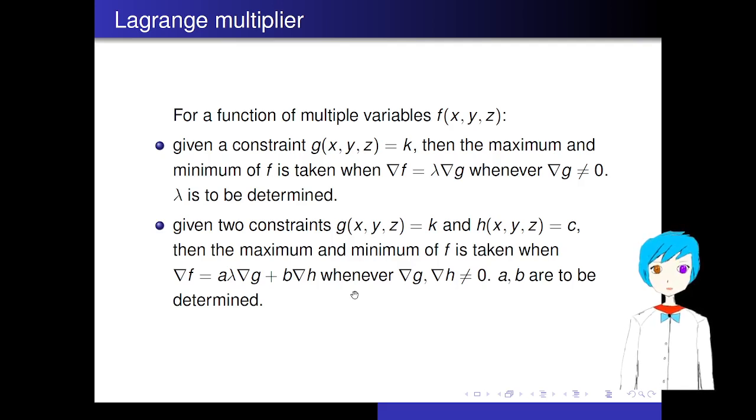Here we suppose that the gradient of g and the gradient of h are non-degenerate, which means that they are not 0 at any point. So that is to say, the gradient of f at the minimum and maximum given the two constraints must be a linear combination of the gradient of g and the gradient of h.